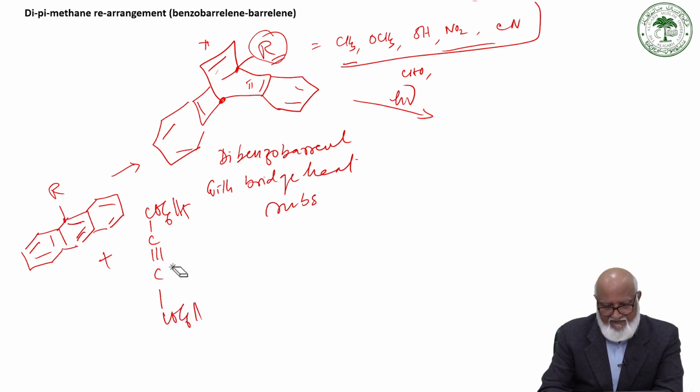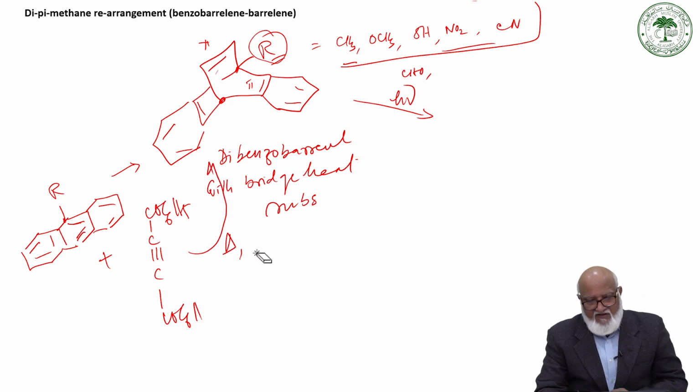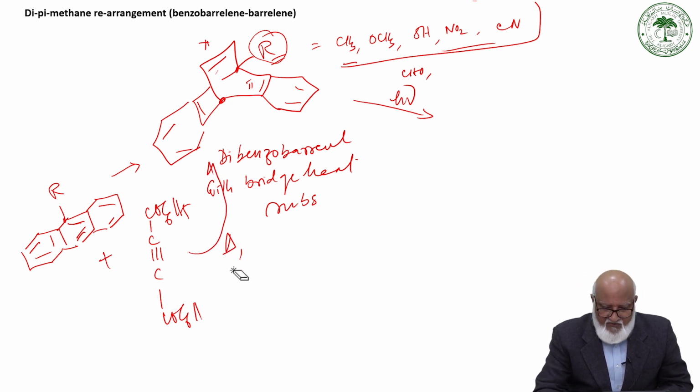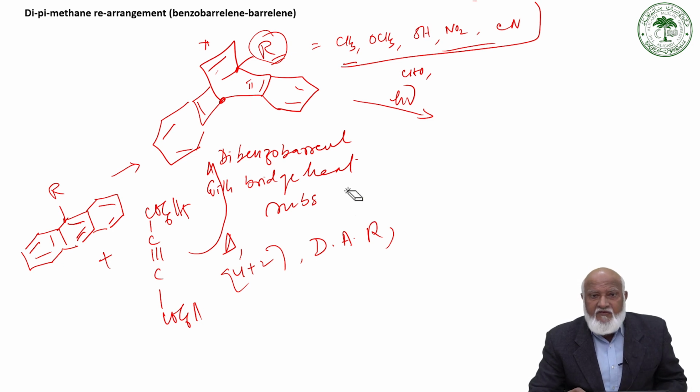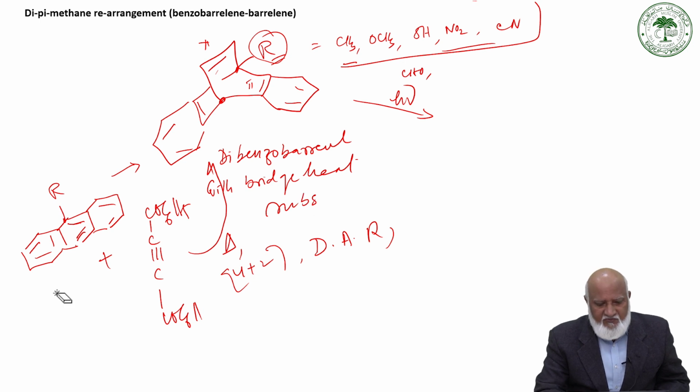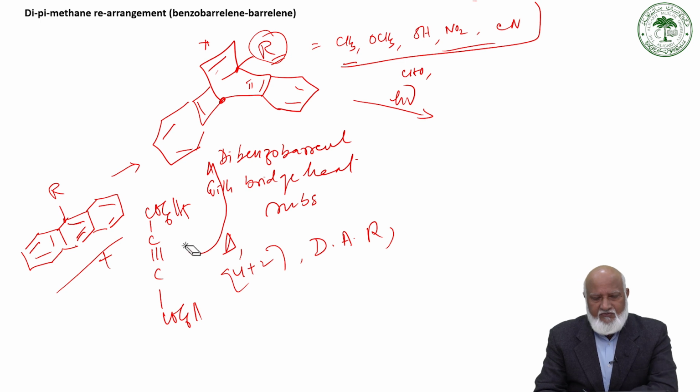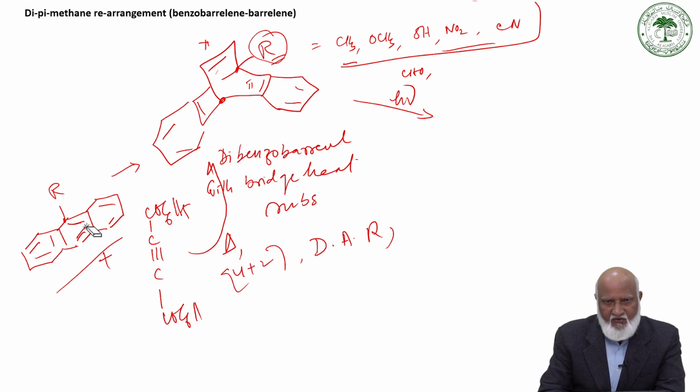This acts as a diene, and the dienophile, if we heat it or under acid catalyze, it can undergo 4 plus 2 cycloaddition reaction, or called the Diels-Alder reaction, to give the substituted anthracene. So preparation of this bridgehead substituted dibenzoberylene is very easy by just taking the corresponding anthracene derivative, and the acetylene acting as a dienophile undergo addition at 9-10 position.